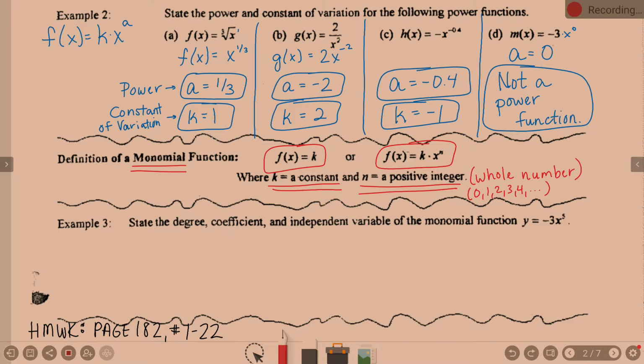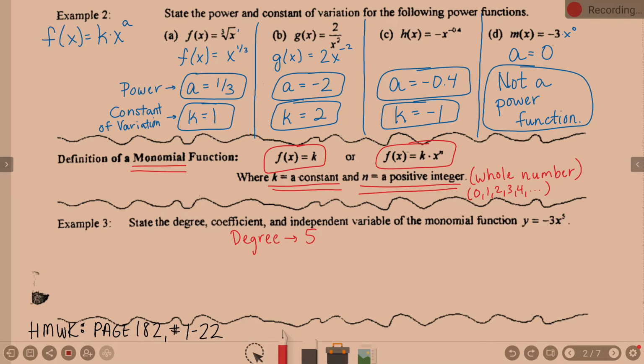Okay, one last example. Basically some vocab review here. State the degree, coefficient, and independent variable of the monomial function y equals negative 3x to the 5th. Degree is what? Degree is 5, right? The degree of a single term is the exponent of the variable.